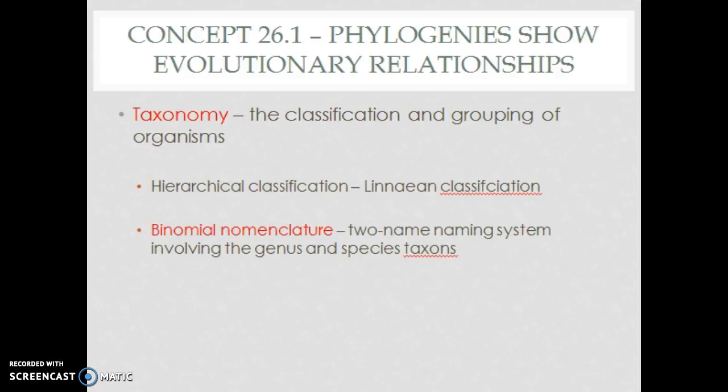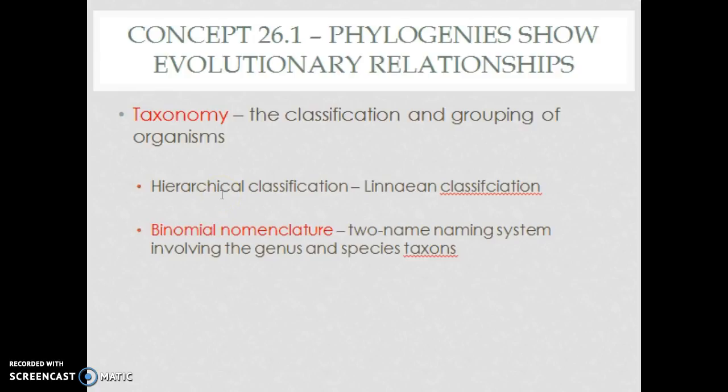Classification of those phylogenies, which show those relationships, common ancestry, is a process called taxonomy. Taxonomy was popularized by Carolus Linnaeus in what is called the Linnaean classification system. Excuse my spelling. The Linnaean classification system is hierarchical or tiered.